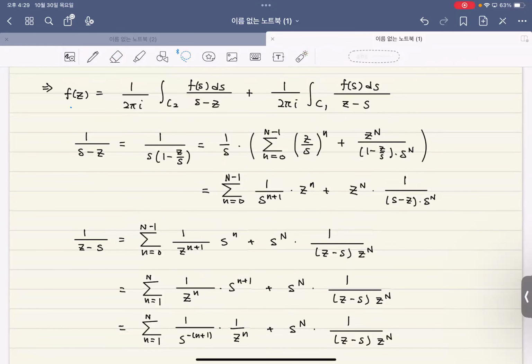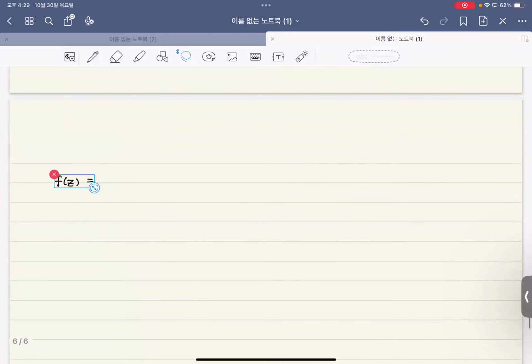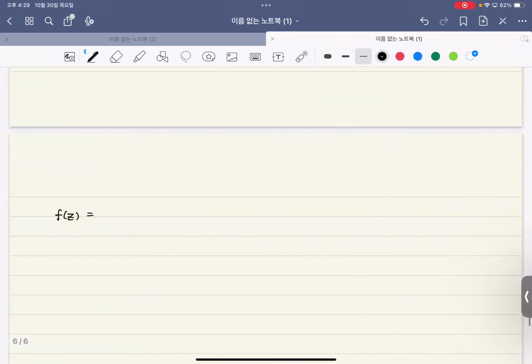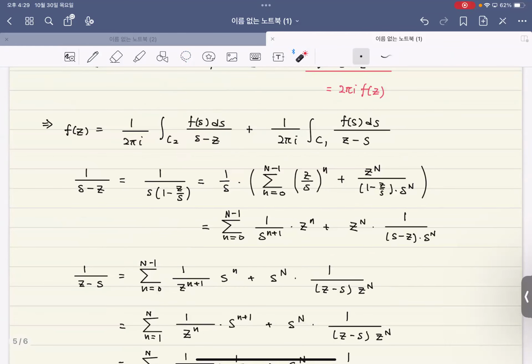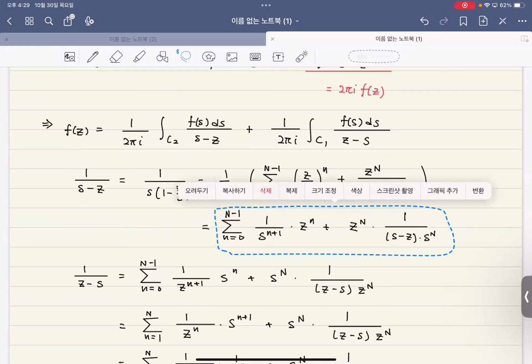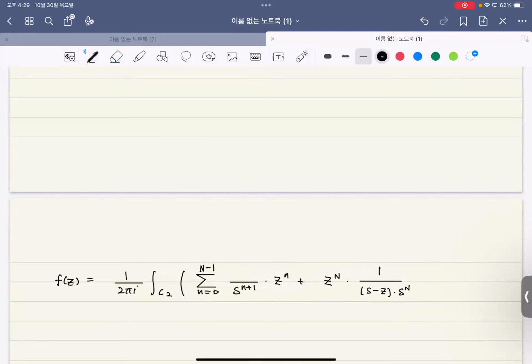Okay, so now things are getting really confusing. f of z is 2 pi i times the integral over C2, and here I am multiplying f of s, so I can just copy and paste this guy and multiply by f of s.